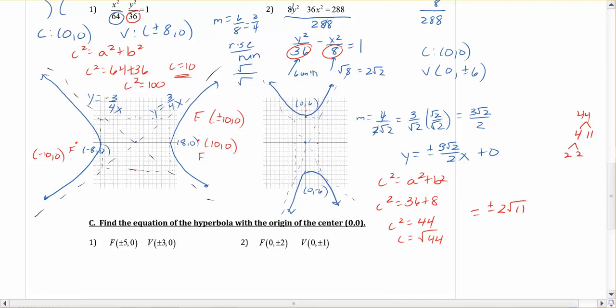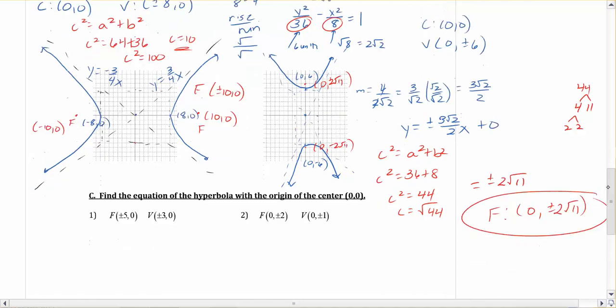So this would be 0 and then just plus 2 root 11. And then down here, I would go negative 2 root 11. So this would be 0, negative 2 root 11. So your foci, you can finish as saying it's 0 plus or minus 2 root 11.